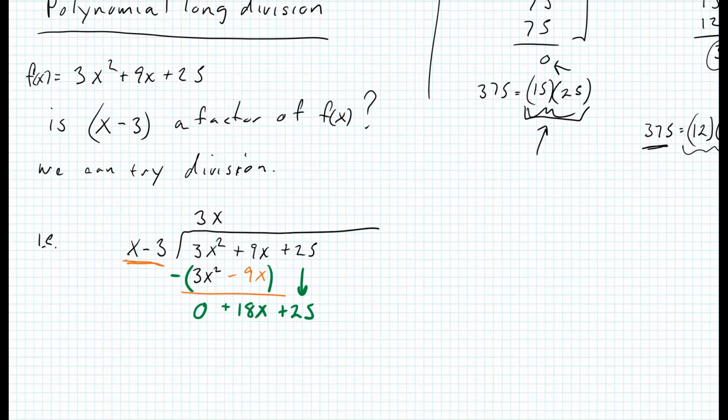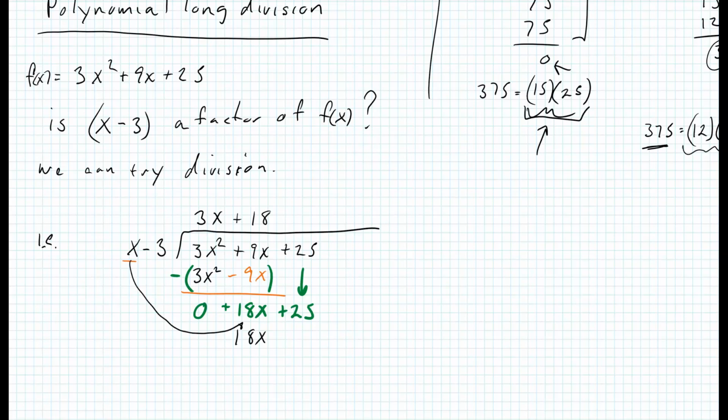Now I say, what can I multiply x by to get 18x? Hopefully you can see that I multiply it by 18. So 18 times x is 18x.